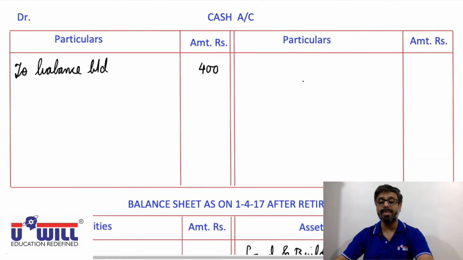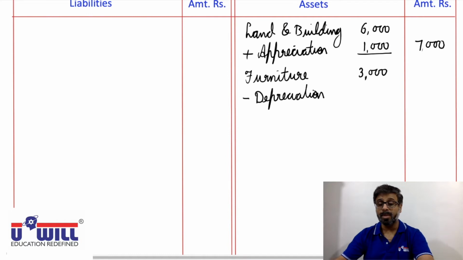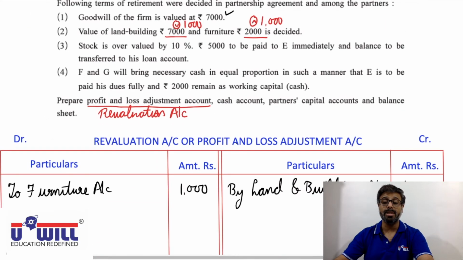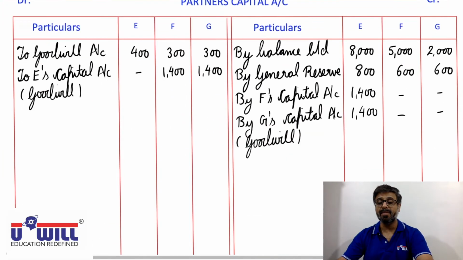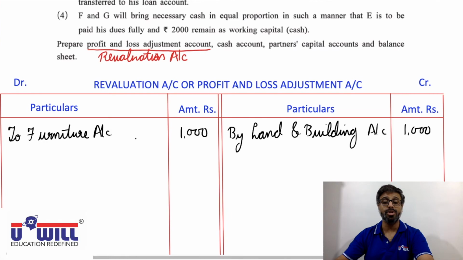So asset side furniture 3000 minus depreciation of 1000, so outer column 3000 minus 1000, 2000. Otherwise also the value of furniture has gone down, from 3000 it has become 2000. Since it has decreased, we will minus from furniture. And since it is our loss, we will debit in revaluation account.